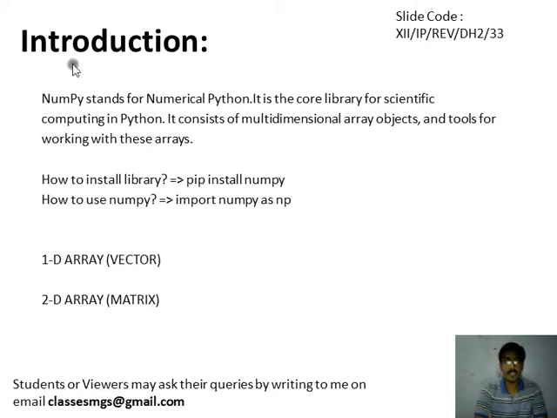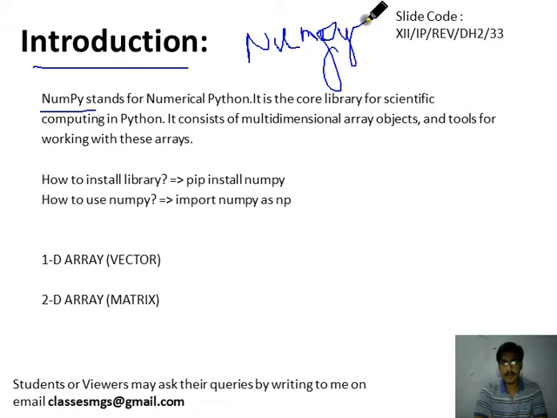Okay, so we will start with the introduction. What is the Numpy array? As you all know, Numpy is numerical Python. It is a library that is basically used for scientific computing in Python language.